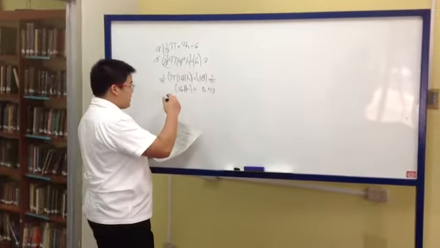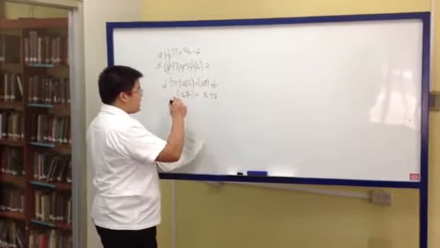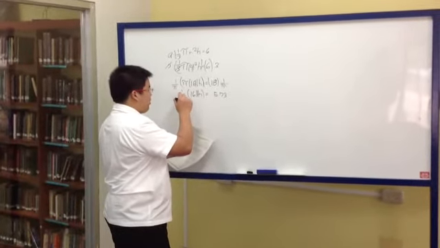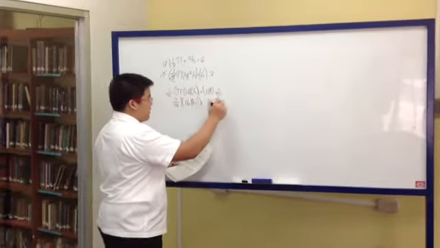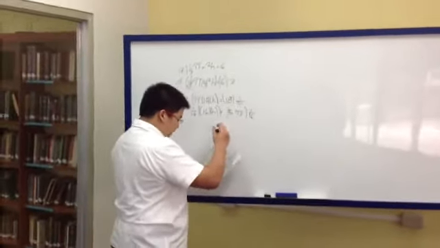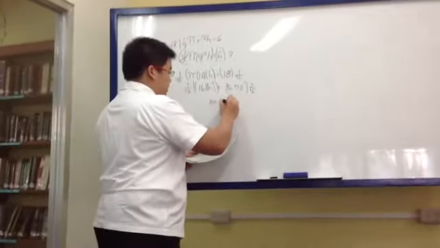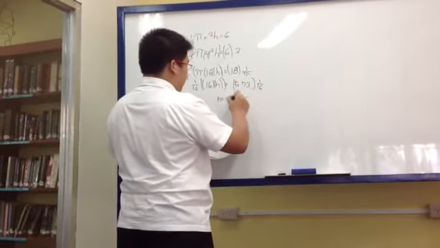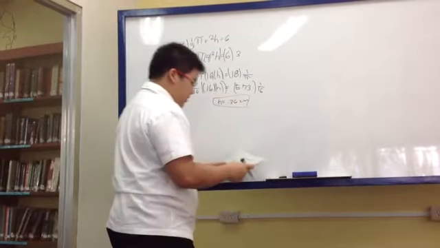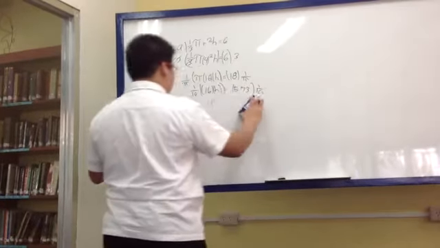The final step is dividing each side by 16. The final answer will be height is equivalent to 0.36 centimeters. So let's move on to the next question.